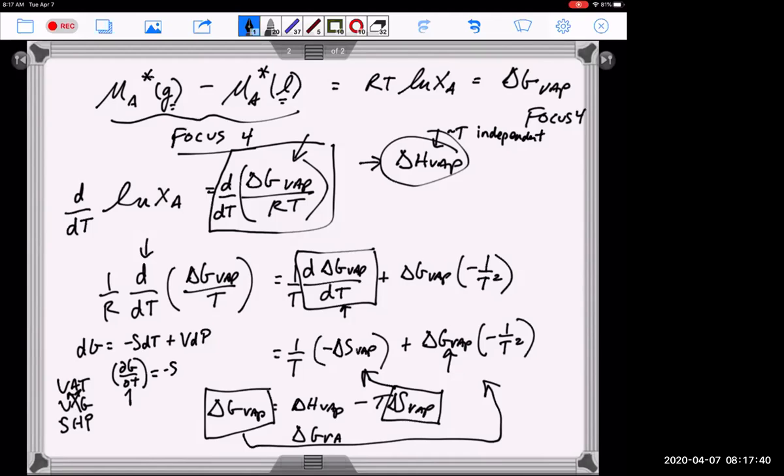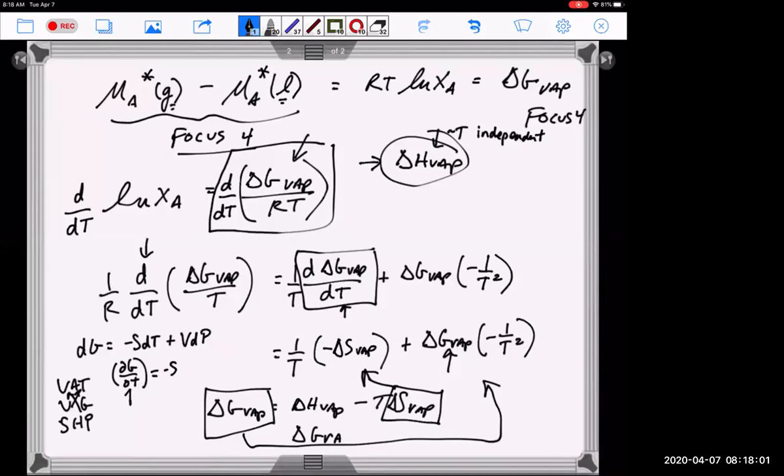There's no particular preference. We could substitute in for delta S or substitute in for delta H. Are there any questions about that? You see how you could do both. You don't want to do both, but you could do either one of them.